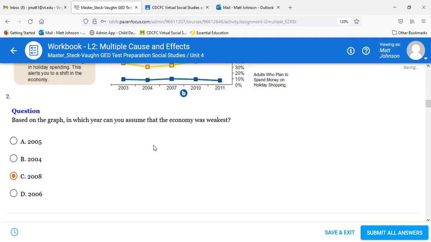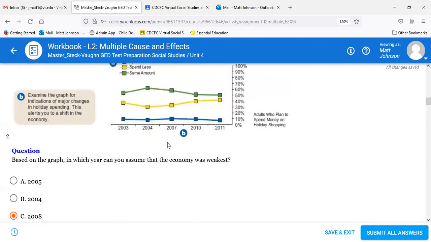So C, and if we look right here, right around where that B is, that's actually showing we're seeing the downturn. We're seeing the same amount spent dropping pretty drastically, and that yellow line going up where people are going to spend less coming up.